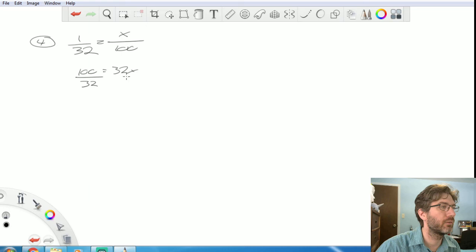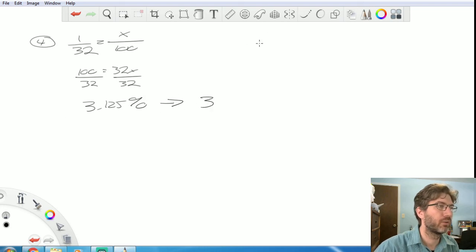Divide each by 32. 100 divided by 32 gives you 3.125%, but it wants you to write that with a fraction. So 3 is your whole number, 0.125. You're going to take that part, put it over 100, and reduce, which gives you 1/8. So it's 3 1/8%.